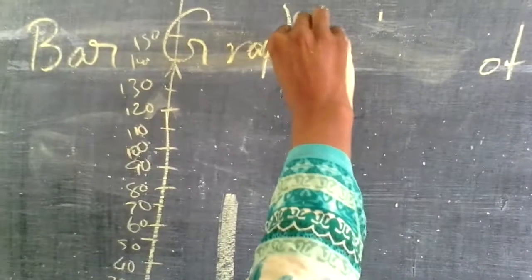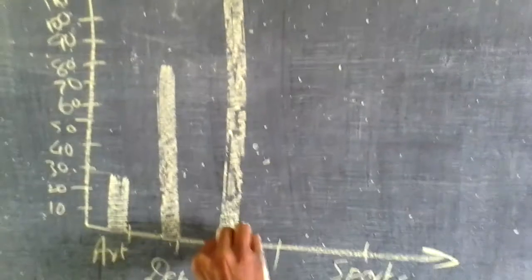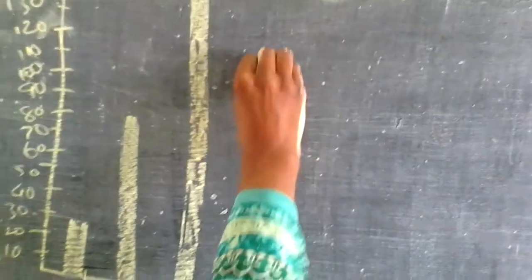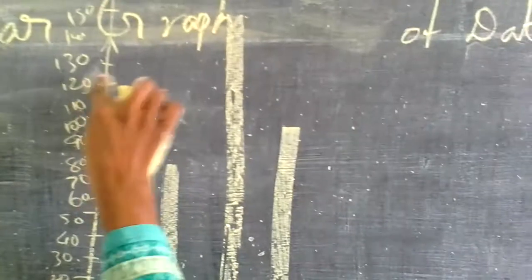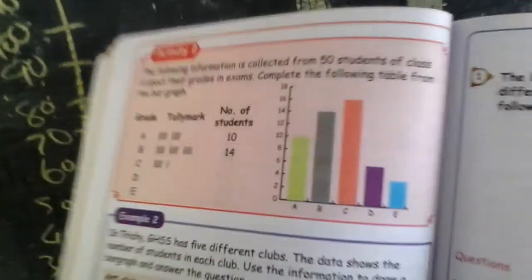So dance club till here. Then drama club it is 100. It has to come here. Then sports club it is 120. This way you have to draw the bar chart, and you find the answer with the help of the bar chart. This is what you have to do.